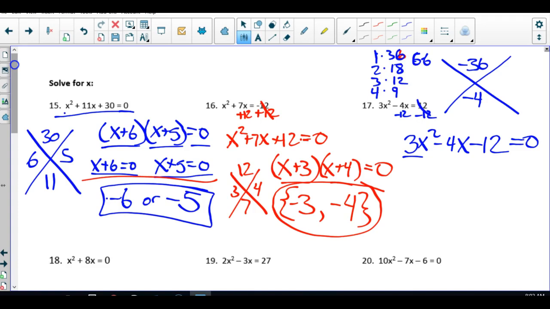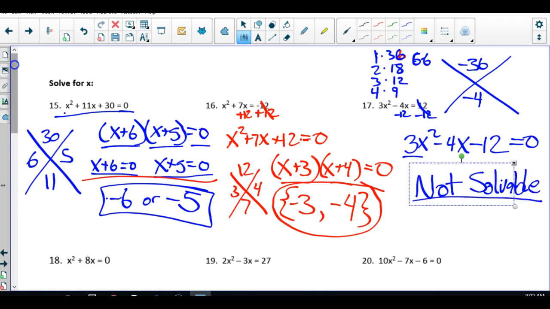Any of those add up to be negative 4? I do not believe so. So this one is not solvable. There are ways to solve this, but we haven't learned those yet. So for now, not solvable.